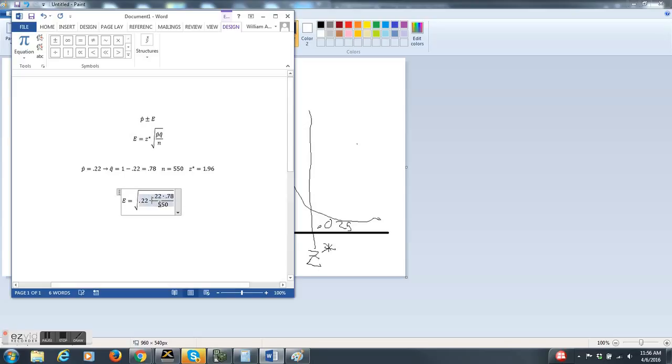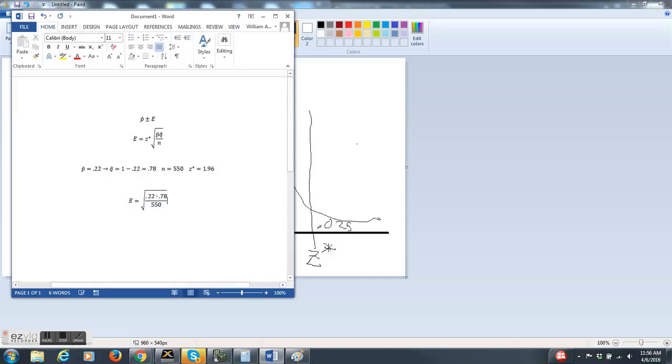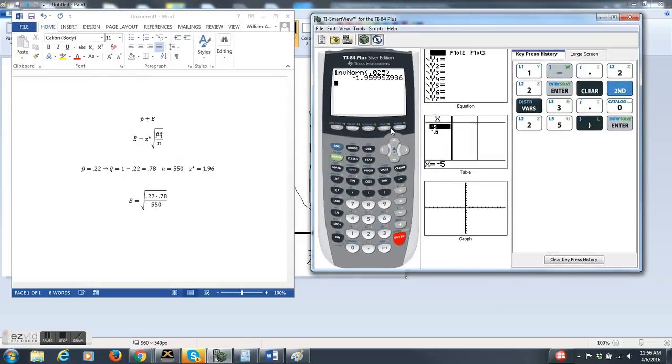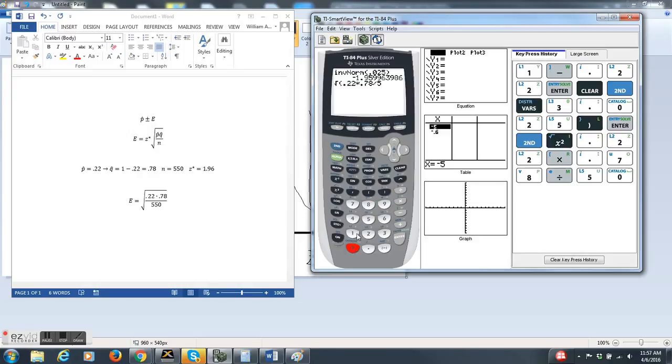But okay, then all you have to do is plug everything in. Let me see, what's my E going to be? E is going to be the square root of 0.22 times 0.78 divided by n, which is 550.